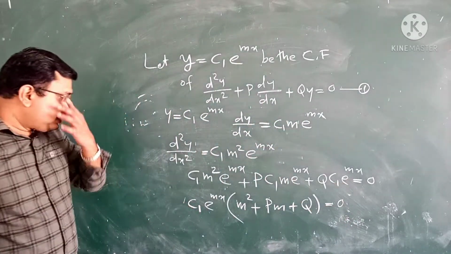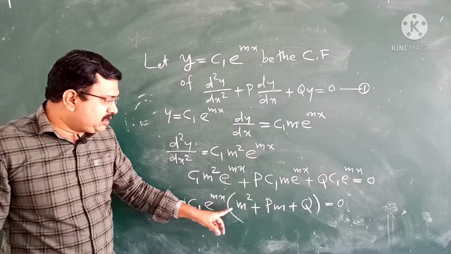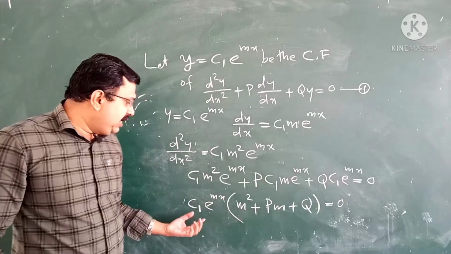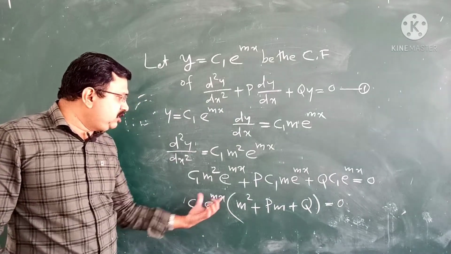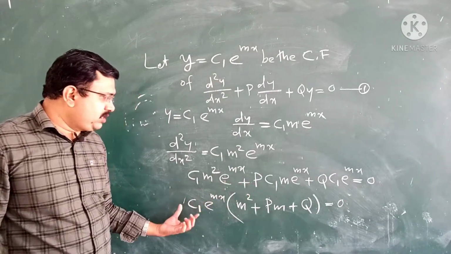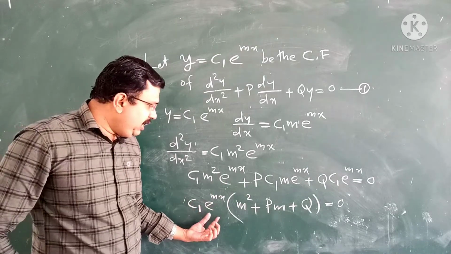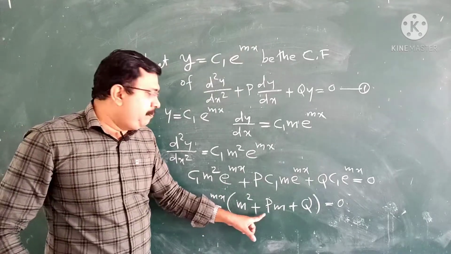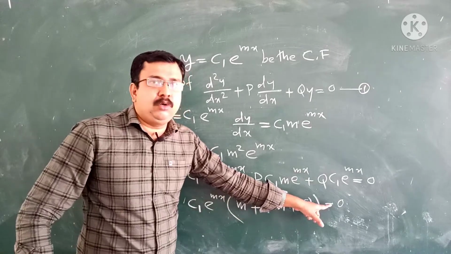Here c1 into e raised to mx is taken outside, then the remaining is m square plus pm plus q equal to 0.